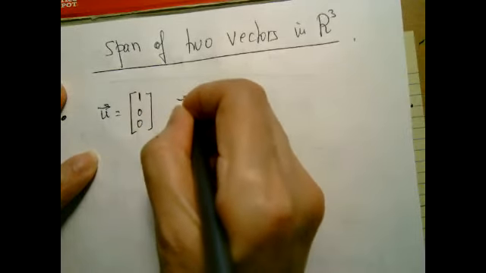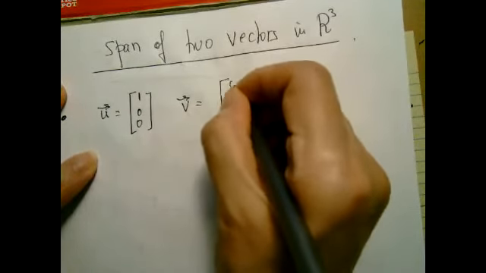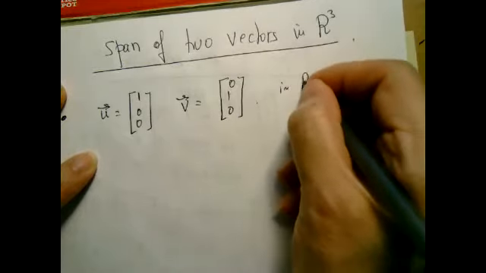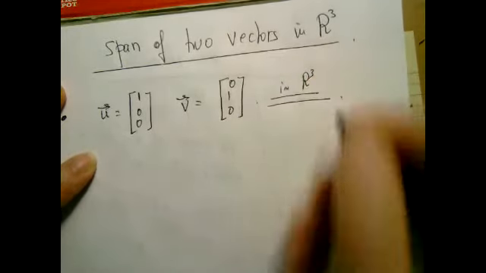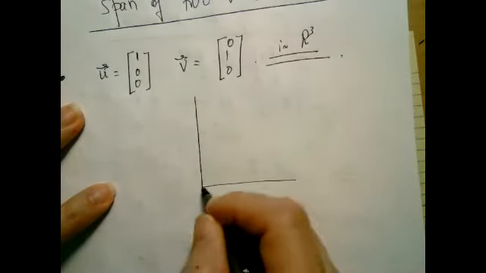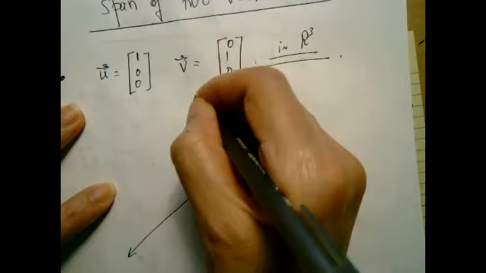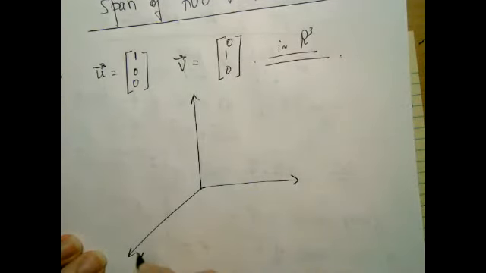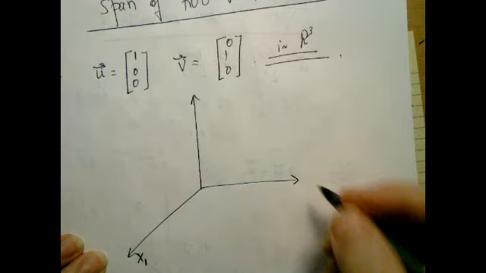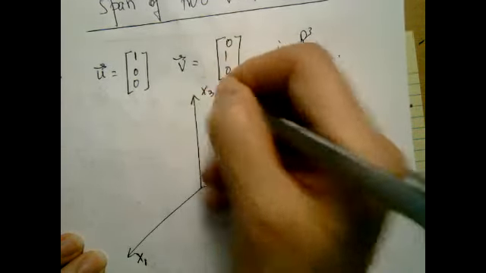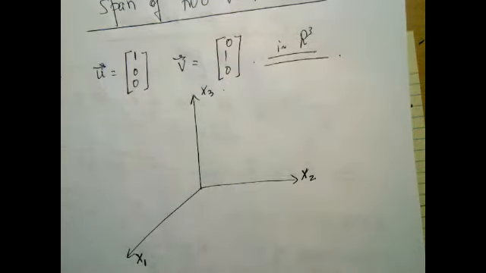And V to be the vector 0, 1, 0. So those are vectors in R3. In R3, it's the XYZ space, of course. But the book doesn't call them x, y, z. They call this X1, this X2, and this X3. That's really how they label them.